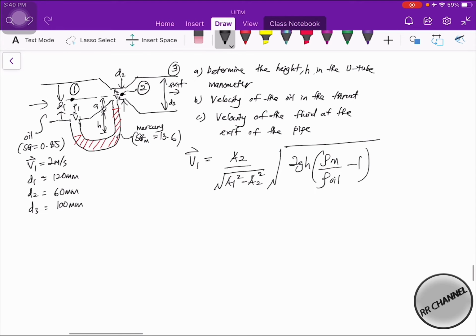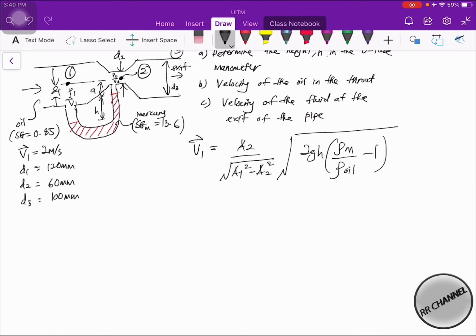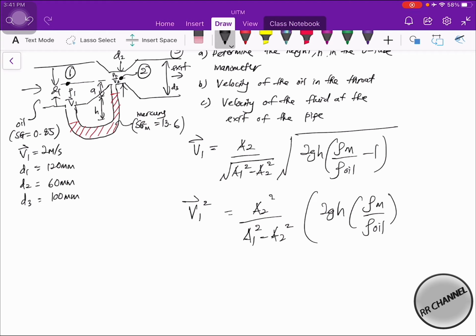Alright, we will use the information given here. So we will square all of these terms. V1 square equal to A2 square over A1 square minus A2 square bracket 2g h, rho M over rho oil, sorry, minus 1.